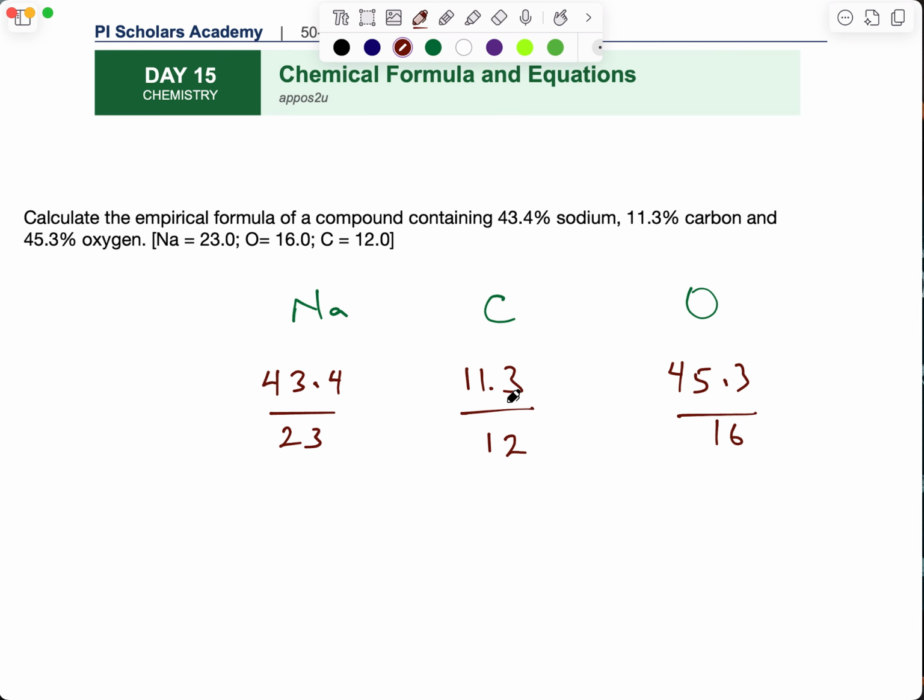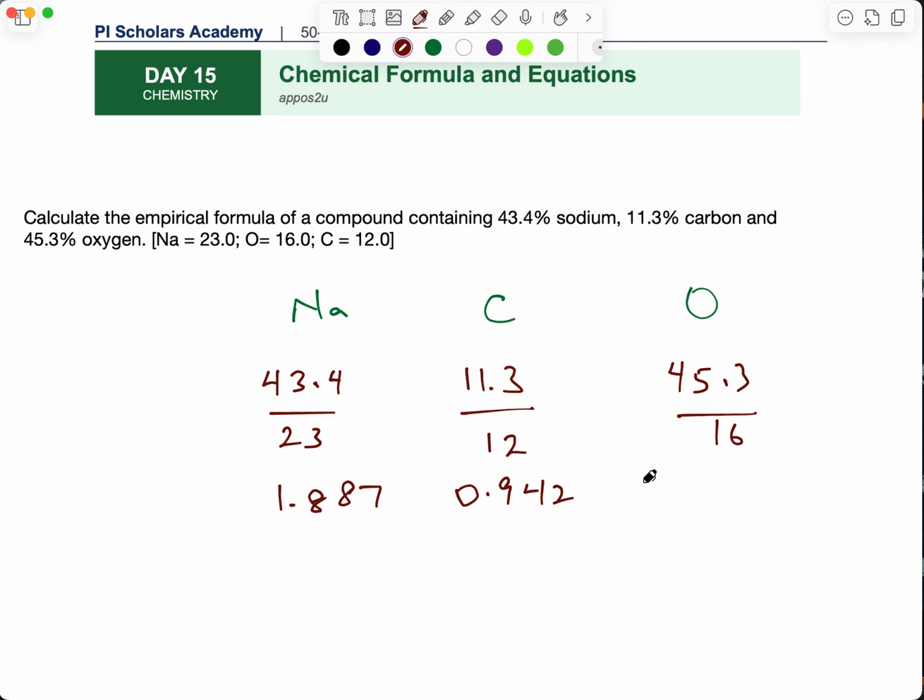So let's do that. 43.4 divided by 23 is 1.887. It's good to leave it at least 3 decimal places to get a better result for this kind of computation. 11.3 divided by 12 is 0.942.